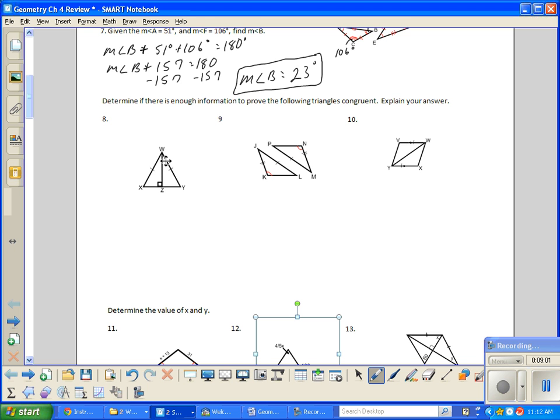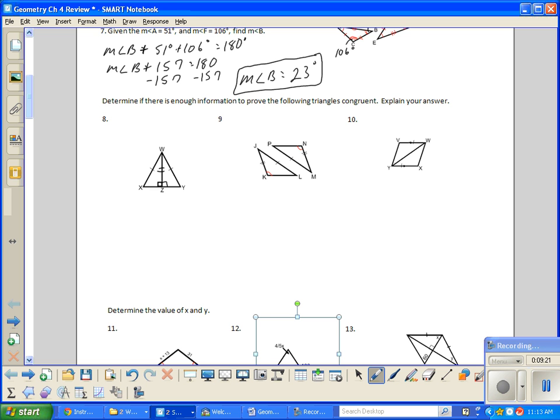We know that WZX is a 90-degree angle, and so that means that the other way, WZY is a 90-degree angle. And then WZ, that side between the two triangles, has to be congruent to itself.